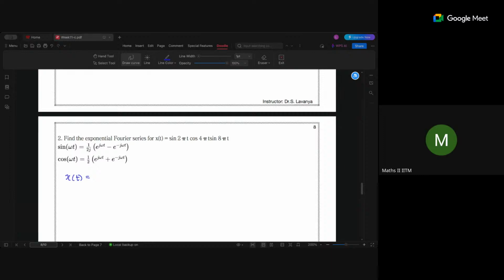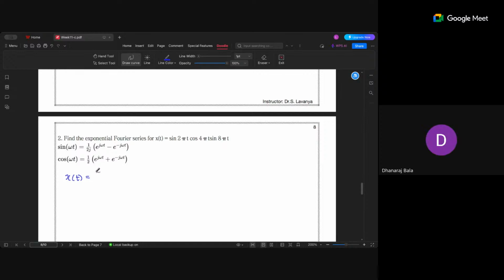How can you write x of t? Converting the sine 2 pi t into the exponential form.